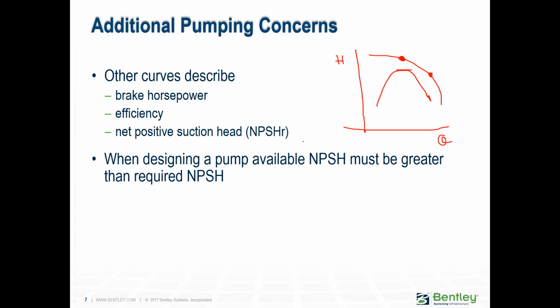And then there's another very important piece of information, which is the net positive suction head. What happens with pumps is that if there isn't enough head on the suction end of your pump, there might be cavitation. It's not just a little bit of negative pressure.